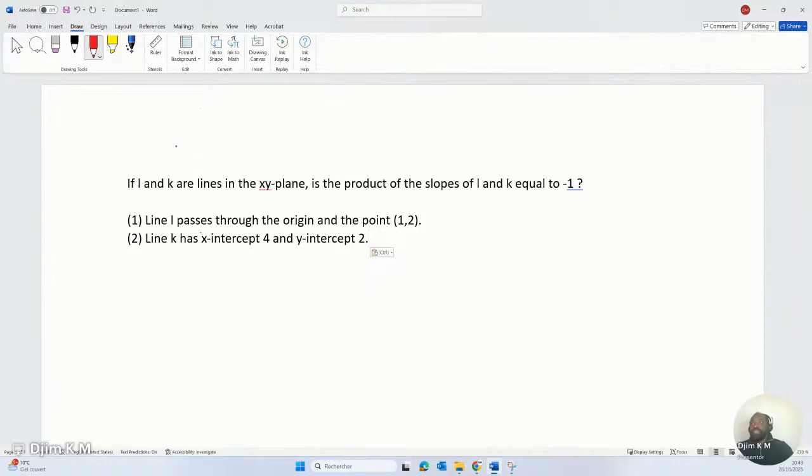So if L and K are lines in the xy plane, is the product of the slopes of L and K equal to -1? Okay.